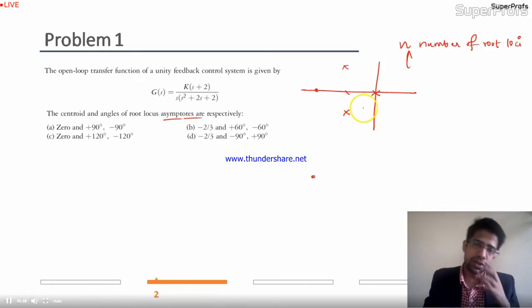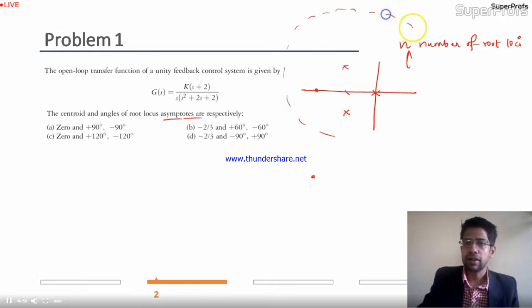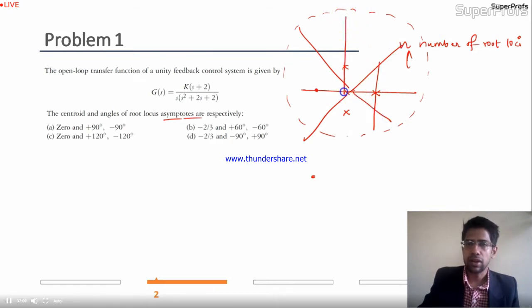Of course these two root loci going towards infinity start from the poles, but they meet at a certain point and then diverge and travel towards their destination. And infinity is everywhere, in every direction. So these root loci can travel in any direction.